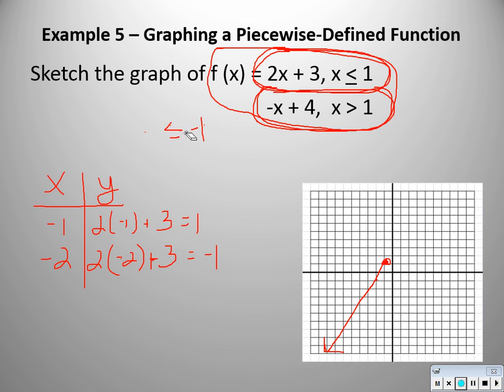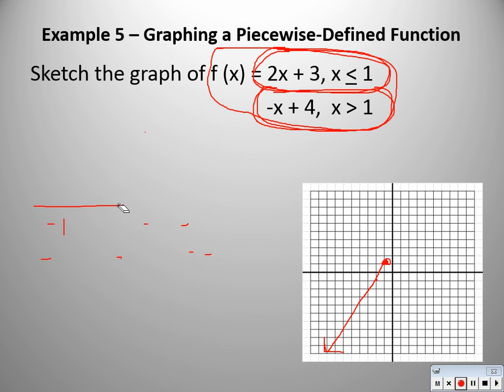I'm going to do the second part of this, which is -x plus 4, when x is greater than -1. This should say -1 for these.